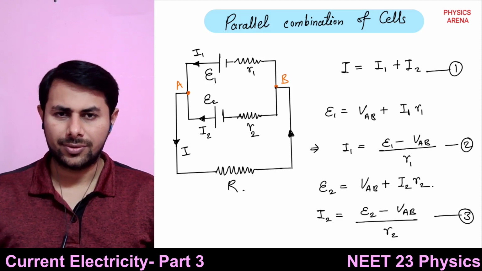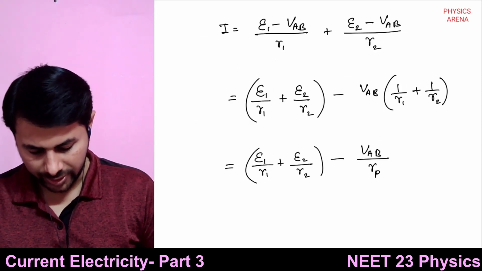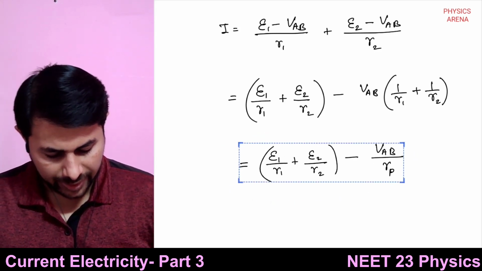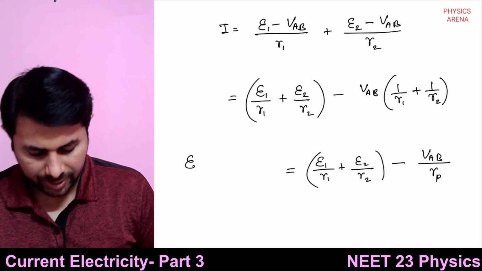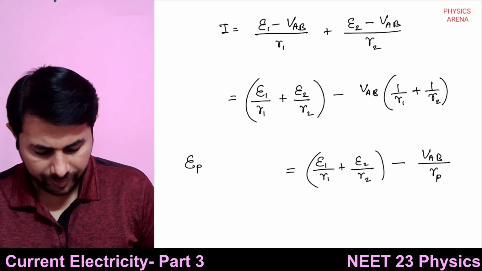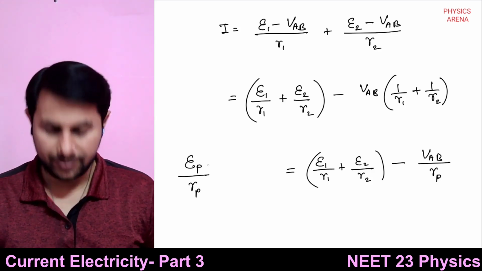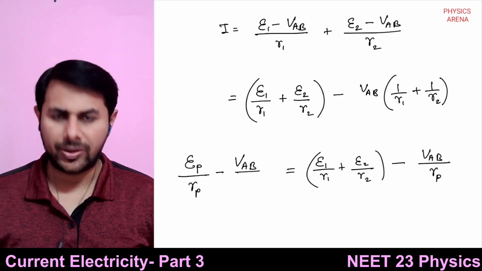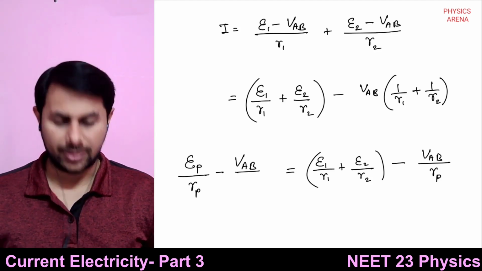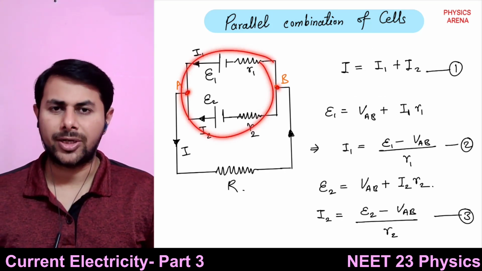We can write this total EMF as, suppose, EP divided by the total resistance RP, minus the potential difference, which is the same because we are finding the potential difference between the same 2 points. So the total EMF will be between these 2 points only.